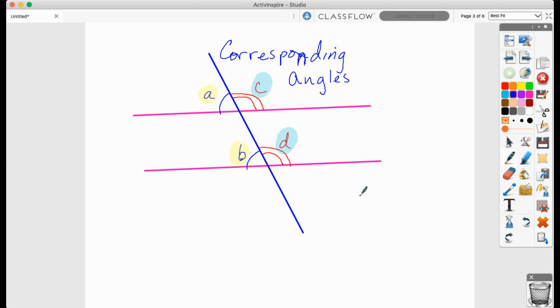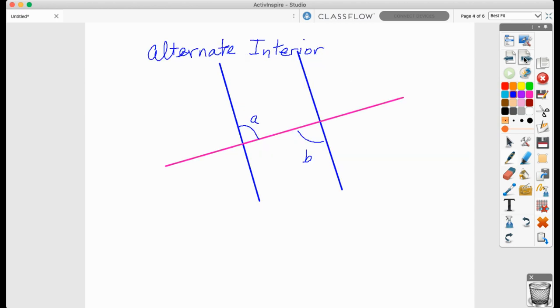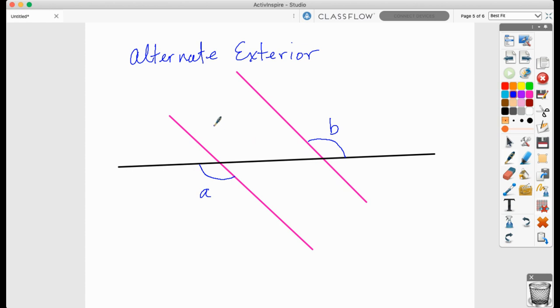They both have to have the same relative position. Alternate interior means they're both on the inside of the parallel lines on opposite sides of the transversal. And then finally, alternate exterior, they're both on the outside of the parallel lines on opposite sides of the transversal.